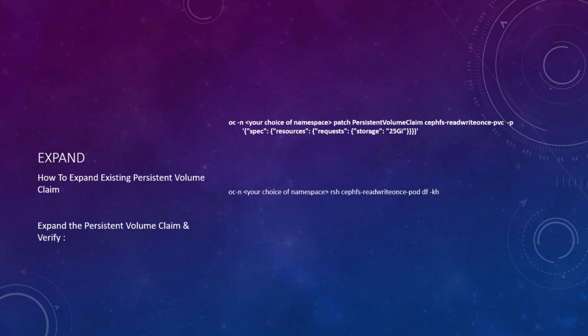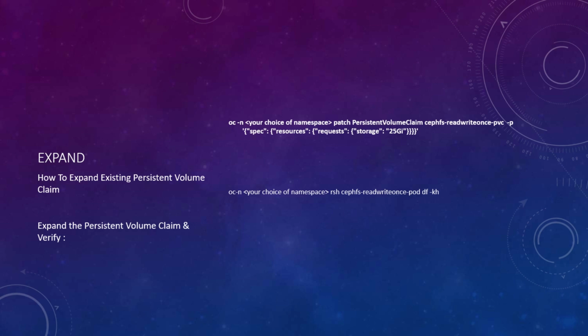You can change the YAML file and then you can do oc apply, or you can use the oc patch syntax to modify an existing artifact in OpenShift Data Foundation, or OCP in this case.